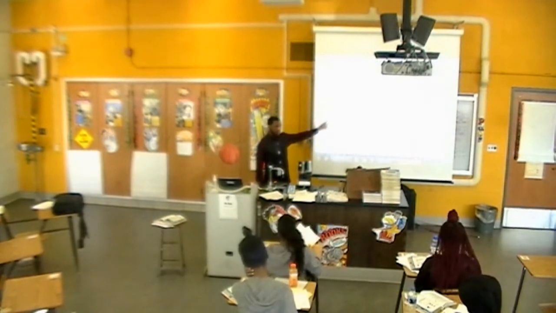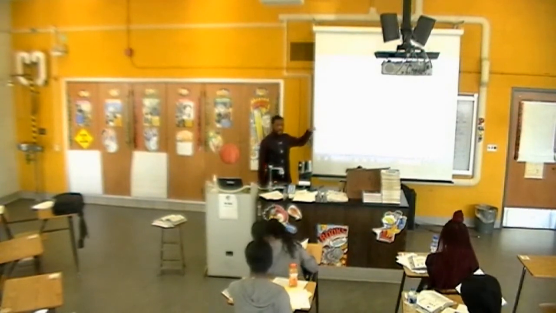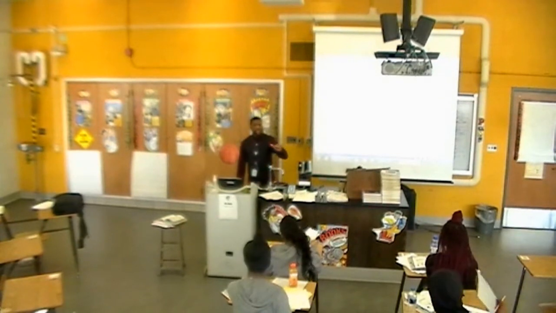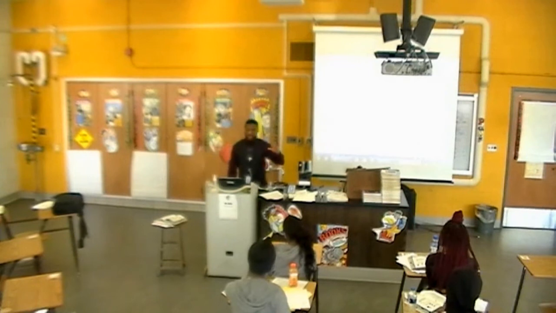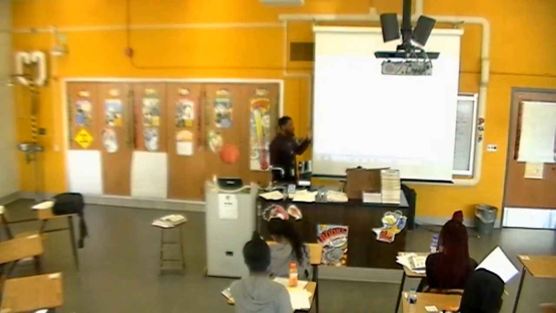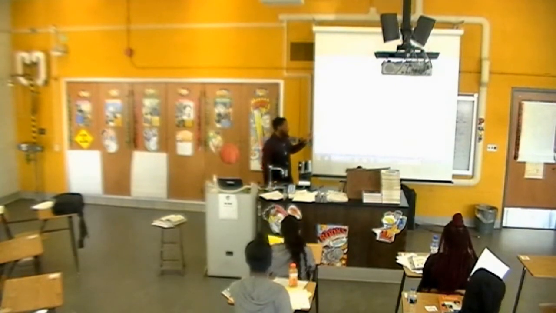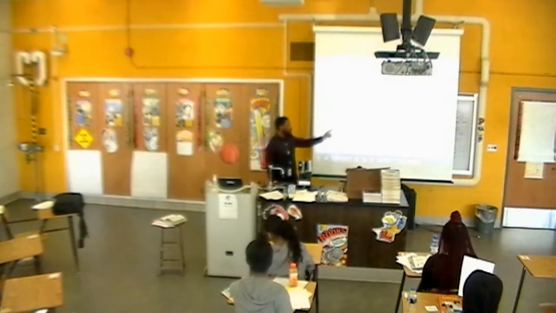Four. Okay, so you have a first-hand observation, you have statistics that you can use, you have second-hand observations, and then you also have definitions. So you have about four different types of facts.